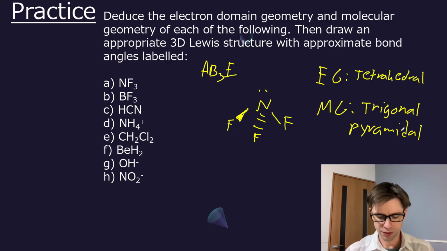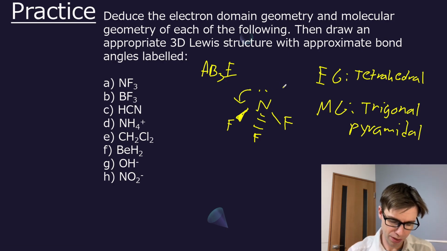Approximate bond angles. So the normal tetrahedral bond angle is 109.5. But when these electron domains battle for which one's going to push the others, who's going to win? If you watch my previous video, you'll know that the lone pair wins. It's going to push everything closer together. And when it says label the bond angle, it usually means the F bond angle.